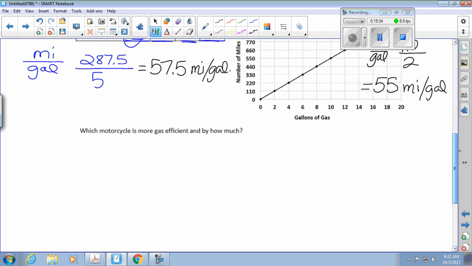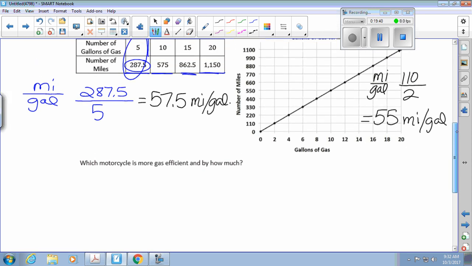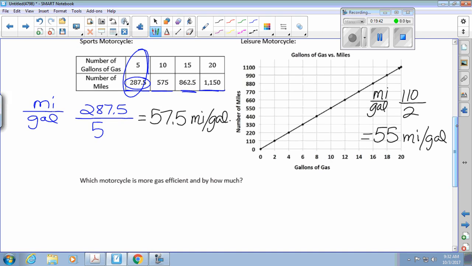So, it says, which motorcycle is more gas efficient? Actually, no, that's incorrect, right? That's the one that he would go the least distance on for 1 gallon of gas. We want the bike that's going to take us the furthest, I should say.